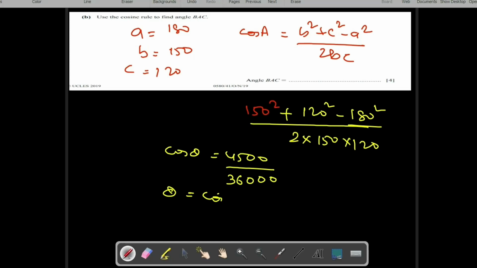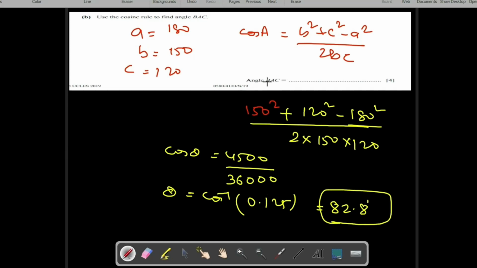Then theta is going to be cos inverse of 0.125, which is going to be 82.8. So angle BAC is equal to 82.8 degree. So this is our answer.